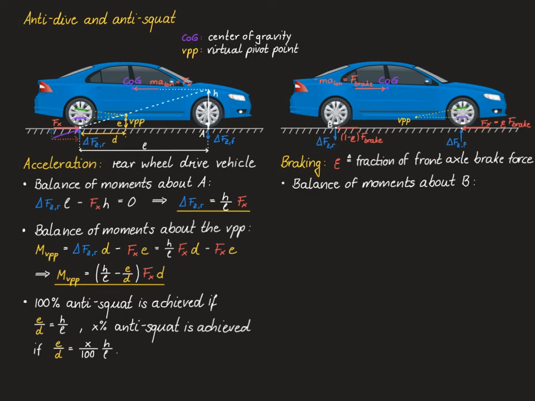Taking a balance of moments about the rear tire road contact point B yields the following equation: minus delta FCF times the distance L plus F_brake times the distance h equals 0. And therefore it follows that delta FCF equals h divided by L times F_brake.